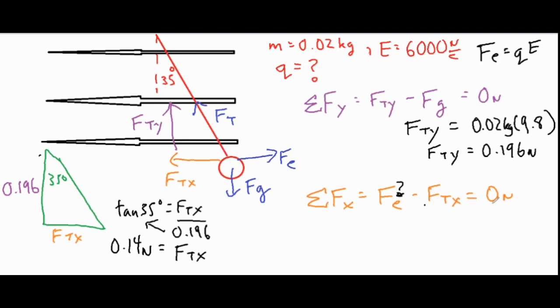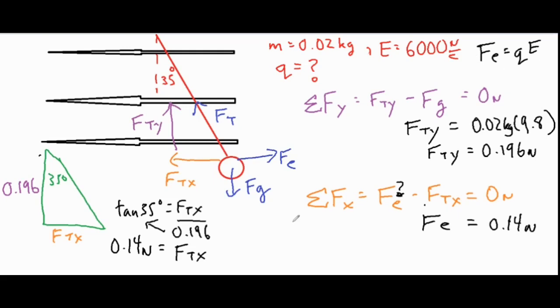So we're going to add Ftx to both sides, which is going to send it over here. And that Ftx is 0.14 newtons, which equals our Fe. So now we're nearly there. We have a 0.14 newton value for our Fe, which we can plug into this formula that I mentioned earlier.